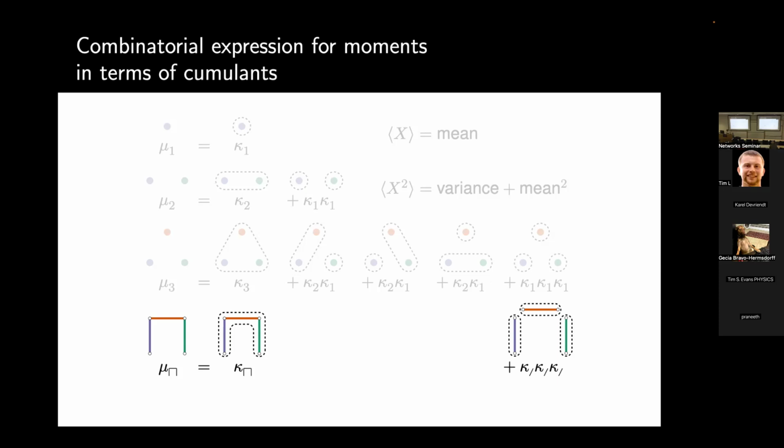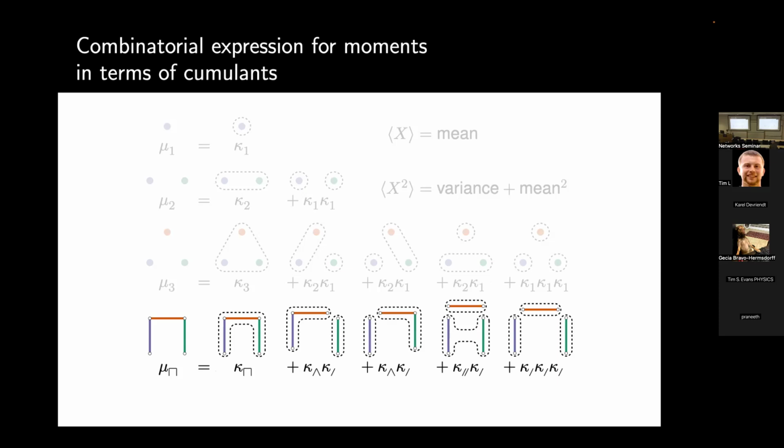And then for the partition where you have two edges in one block and one in the other, there are two ways where they share a node and one way where they don't. So it's essentially almost the same thing, but now respecting the graph structure.